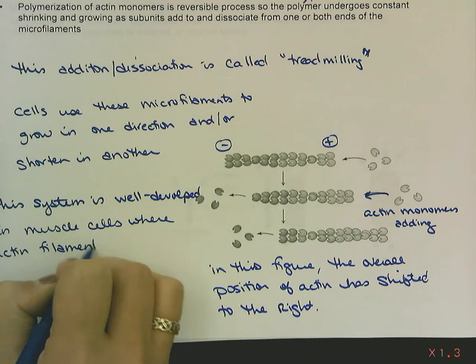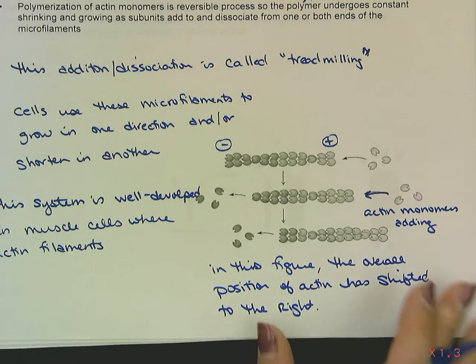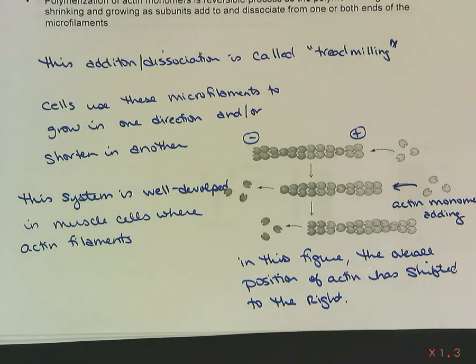And as you can imagine, this system is going to be most used in muscle cells where actin filaments are required for your contractile and relaxation movements.